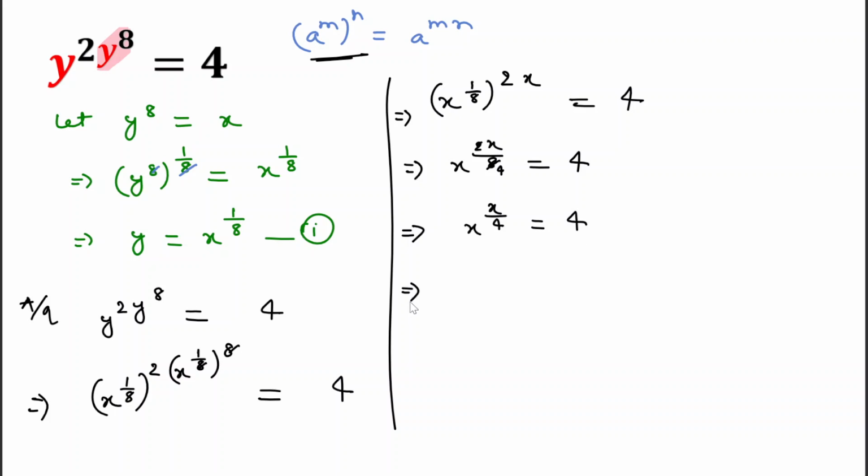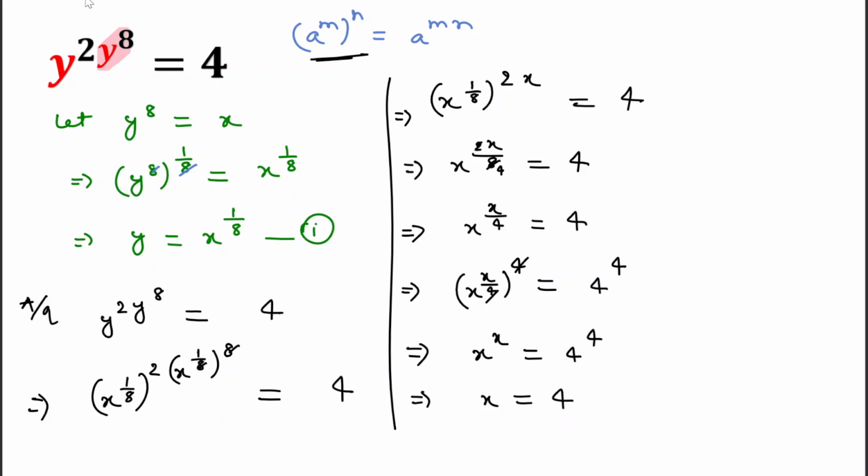And if we again raise both sides to the power 4 and cancel using this formula, we can write x to the power x equal to 4 to the power 4. Here we can see that bases are equal and also powers are equal, so we can write x equal to 4.